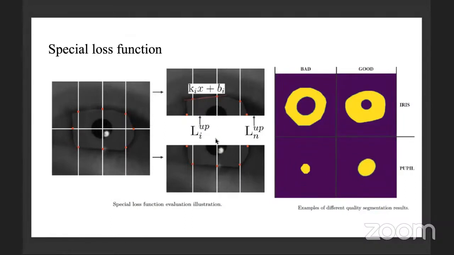In the good example, for instance the lower rightmost one, there is some additional area which should be selected as the iris area.